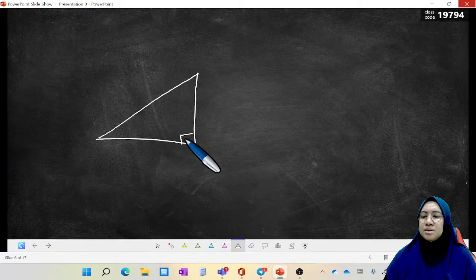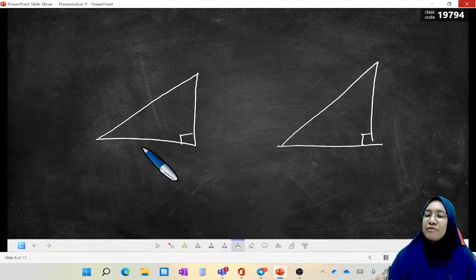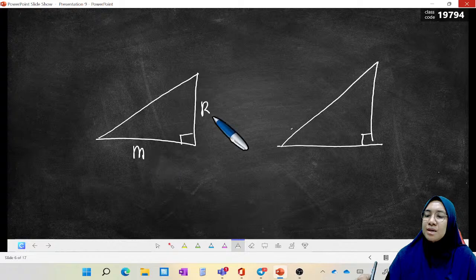For example, this is M, this is R. And in the other diagram, we have M prime and R prime.